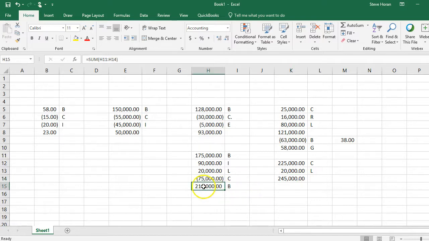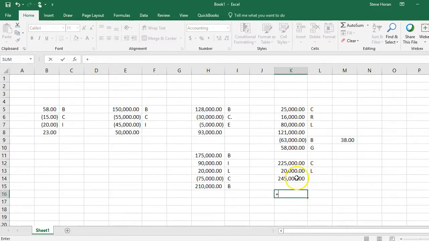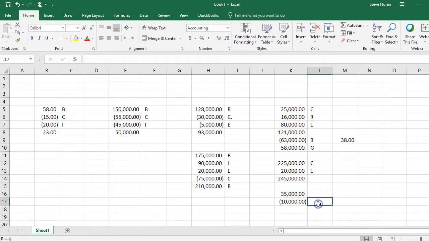His old basis was 210, so when Sweeney sells to Jana, the basis of 210 and the new basis that Jana gets is 245. Obviously the difference, we can all do the mental math, is 35,000. And 10,000 of that is ordinary income, the share of hot assets.